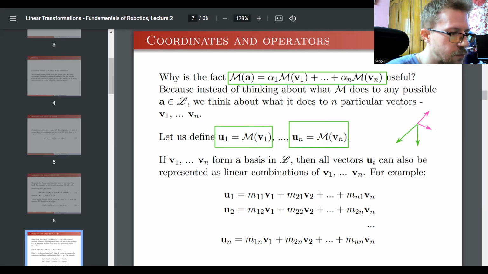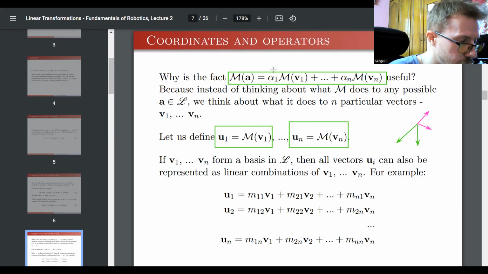Now I will label those vectors: the first transformed vector will be called U1, the second transformed vector U2, the last one Un.